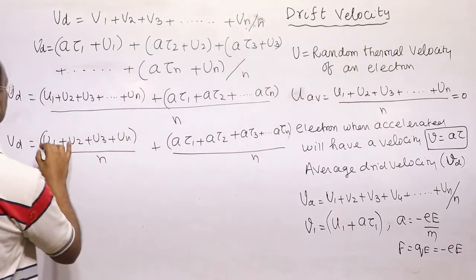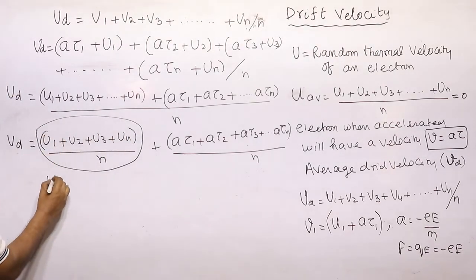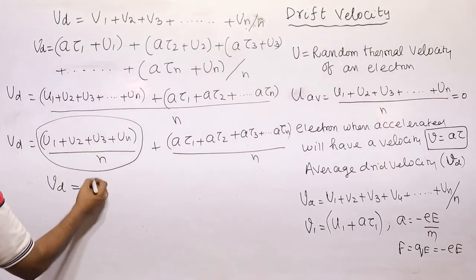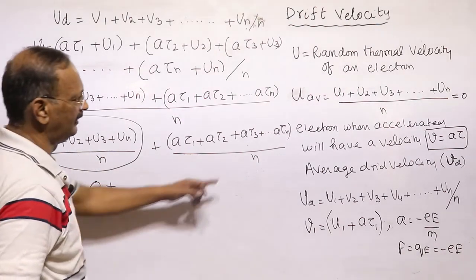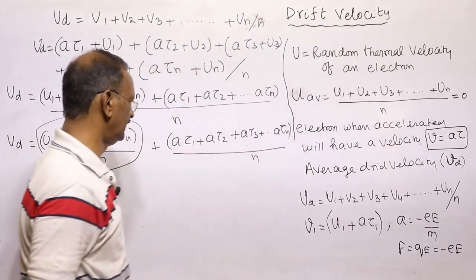And what is this first portion? This is the average thermal velocity, which is equal to 0. So V drift velocity is equal to only the second portion, because this one becomes 0, as we have already derived.